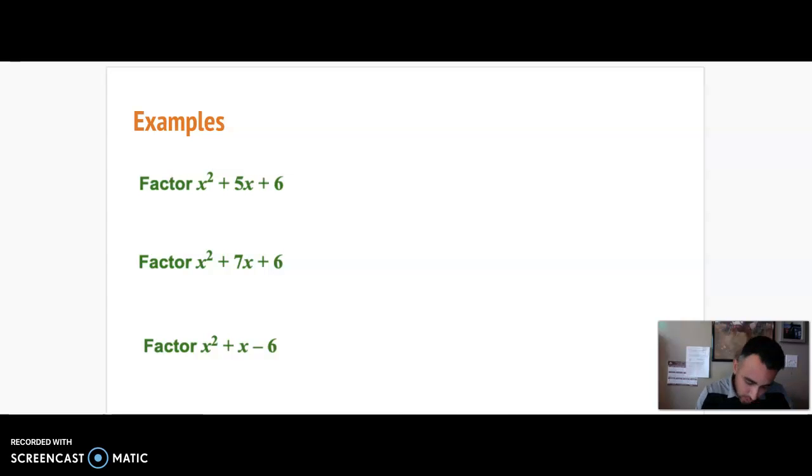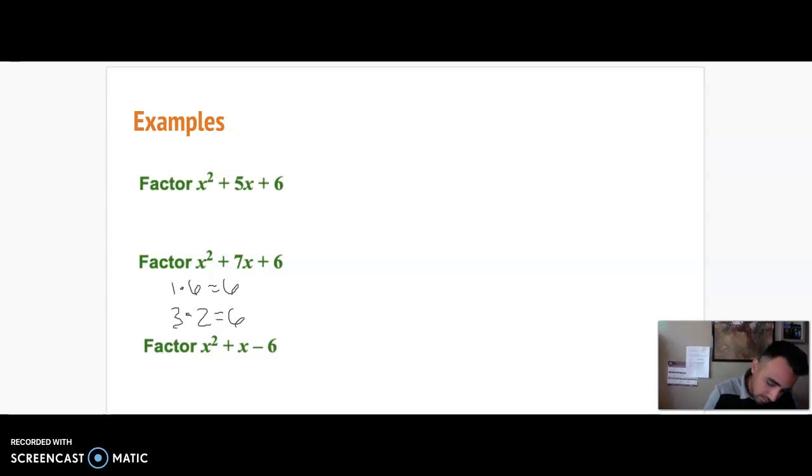We have x squared plus 7x plus 6. So same idea. We have what factors multiplied equals 6. We have 1 times 6 equals 6, and we have 3 times 2 equals 6. And now which of these added up equal to 7?